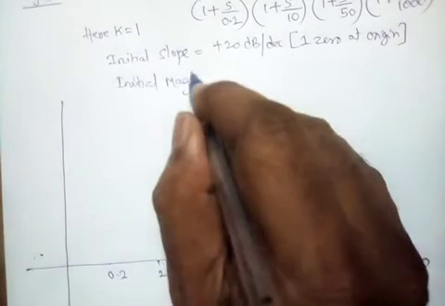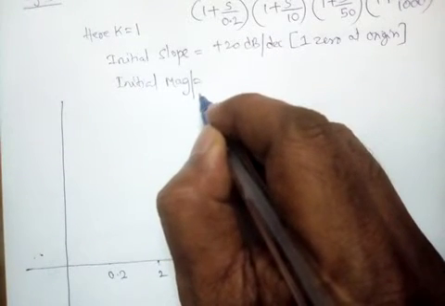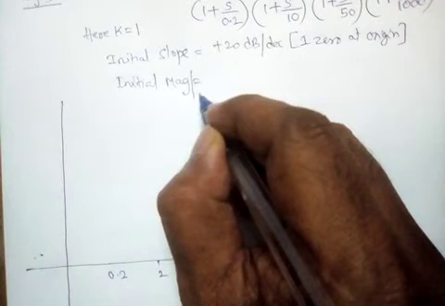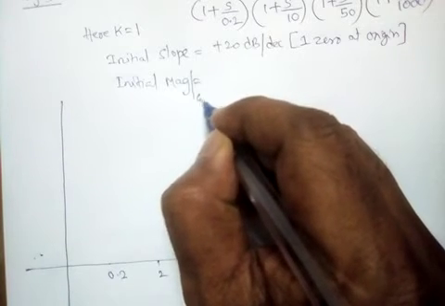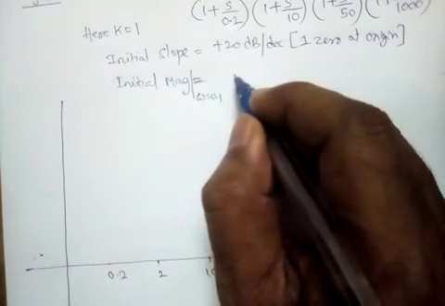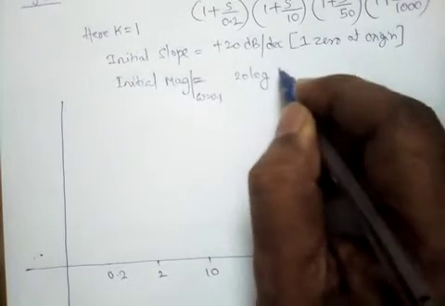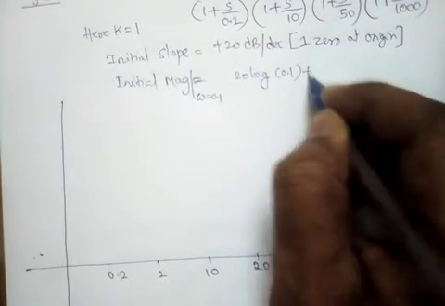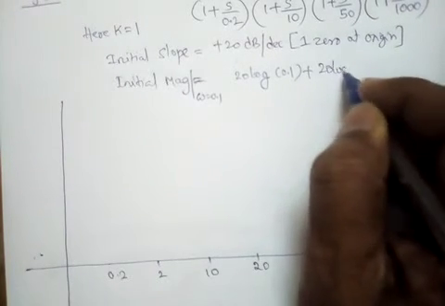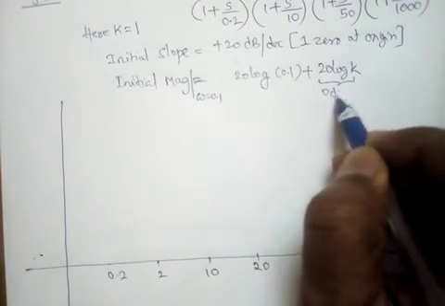Initial magnitude depends upon the assumed starting frequency. Here we assume the initial starting frequency is 0.1. So initial magnitude can be 20 log 0.1 plus 20 log k. Here k is equal to 1, so this becomes 0 dB.